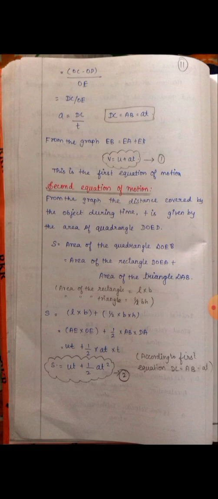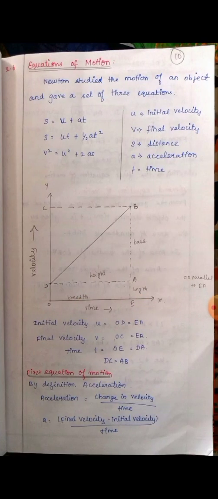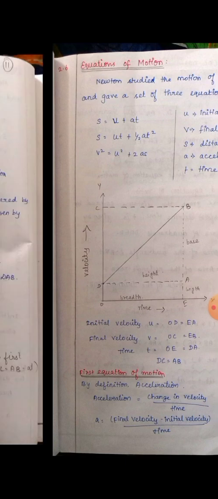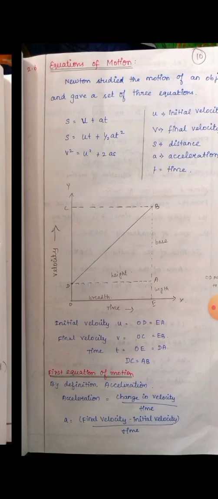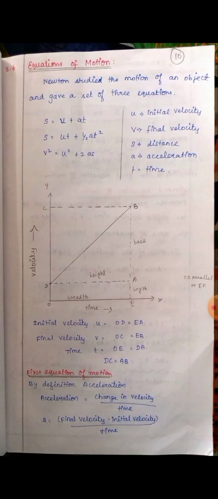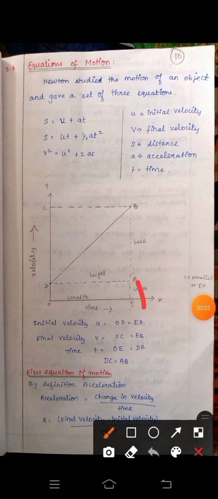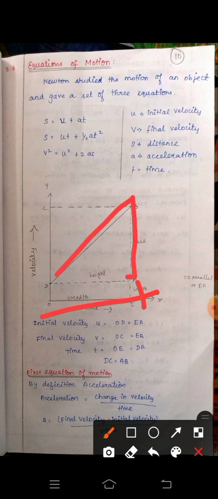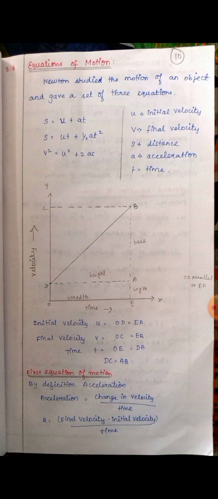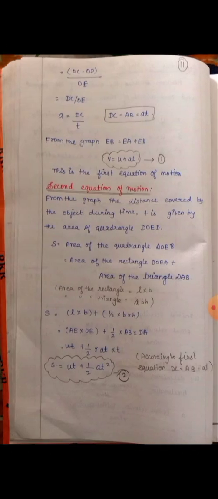For the rectangle, AE is the length and OE is the breadth. For the triangle, AB is the base and DA is the height.